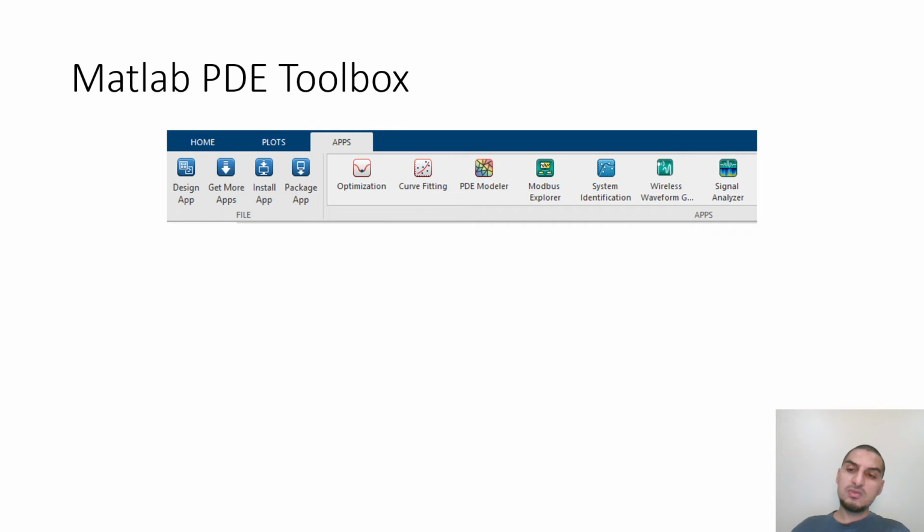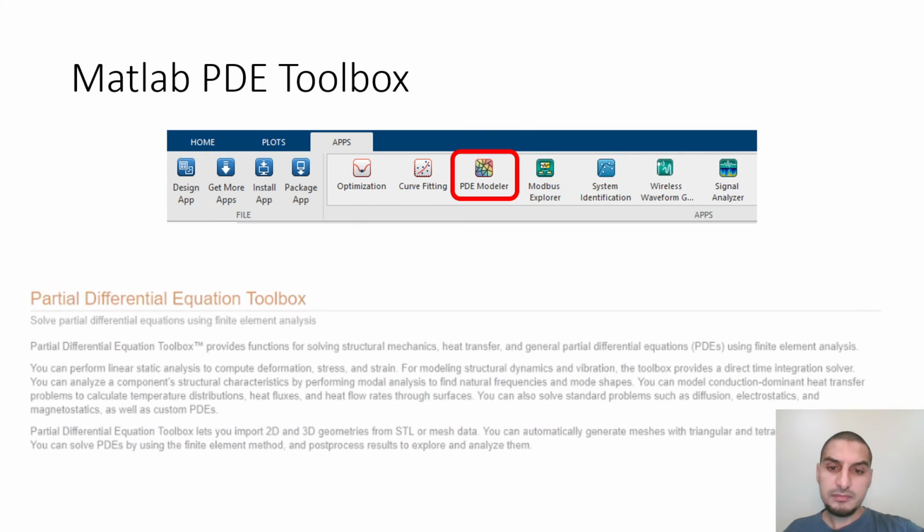So let's go to the Matlab partial differential equation toolbox. This is what we have here. It is one of the toolboxes, and as I said earlier, it is a user-friendly toolbox that has an easy-to-deal-with interface. Of course, relatively easy, because it's not very friendly, but relative to Matlab, it's very friendly.